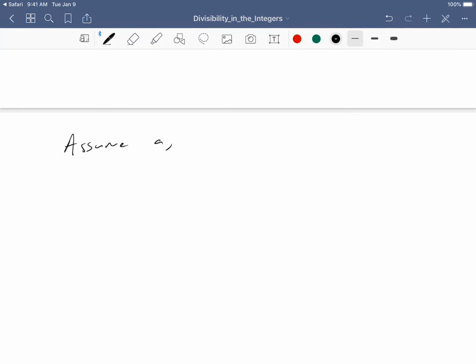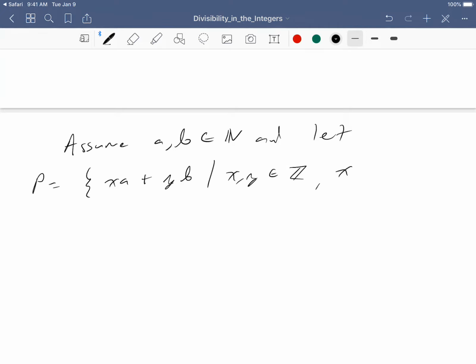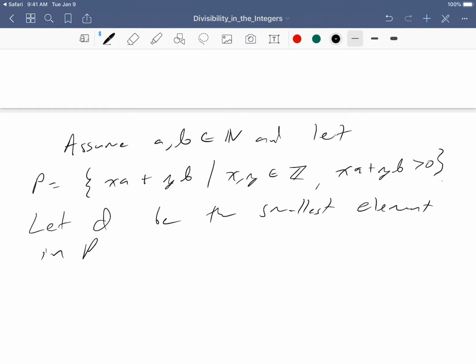So we're going to assume A and B are natural numbers, and we're going to let P be that set of all xa plus yb, where x and y are integers and xa plus yb is greater than 0. Okay, and then we're going to let D be the smallest element in P.